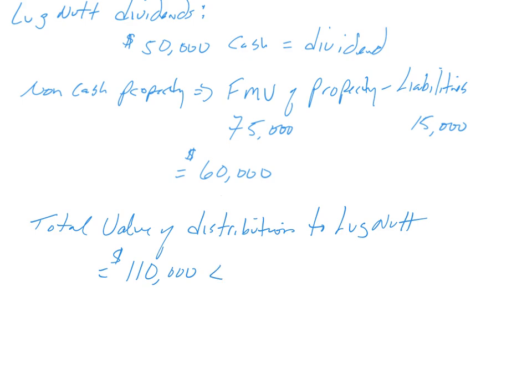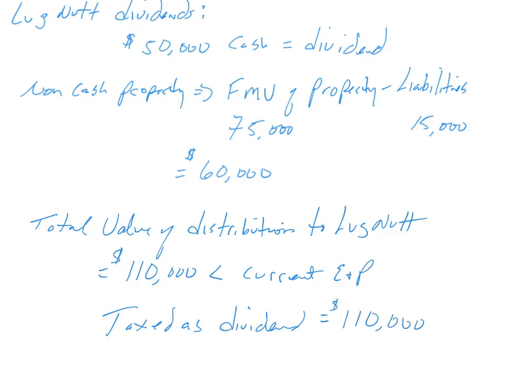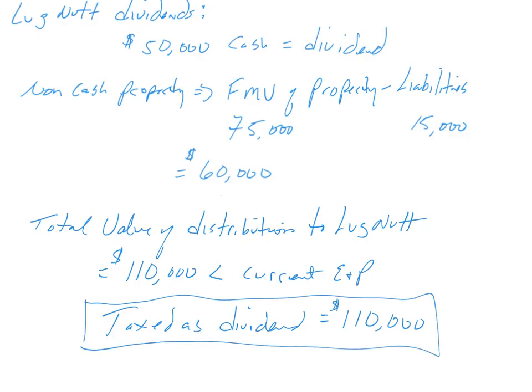This is much less than current earnings and profits. So what of that is taxed as a dividend? The entire $110,000. Okay, so that is part B.